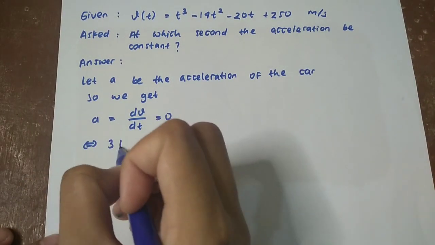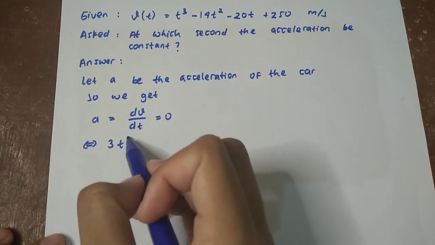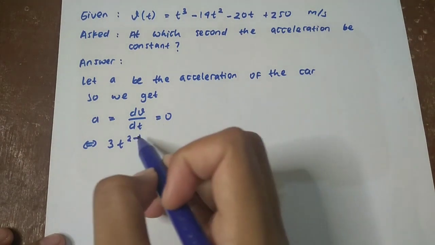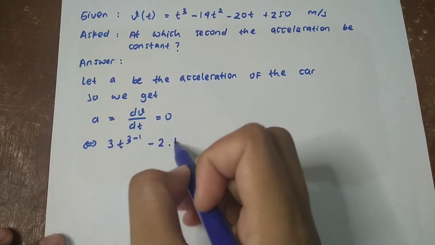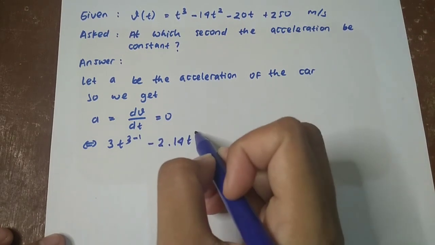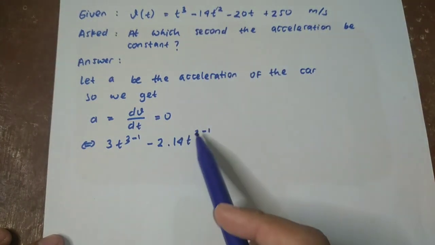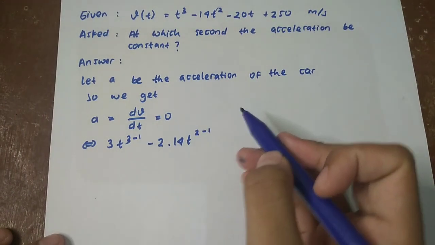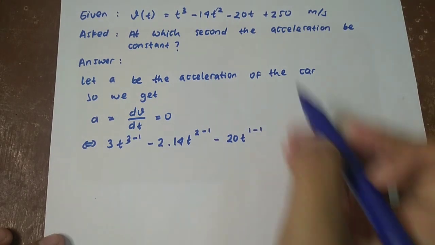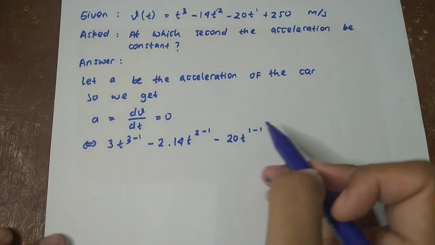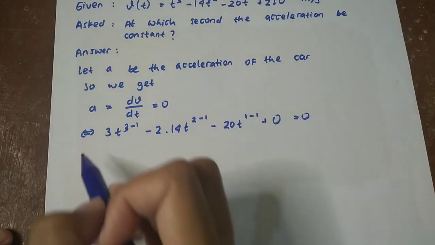With the power rule, the derivative of t cubed is 3t to the power 3 minus 1, and for 14t squared that equals 2 times 14t to the power 2 minus 1, and for 20t we know that t is to the power 1, so 20 times t to the power 1 minus 1, and because 250 is a constant, the derivative is 0.